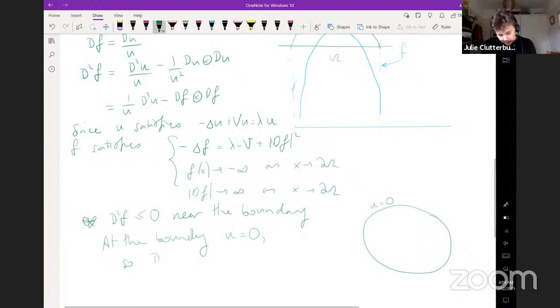And du is in the direction of the normal. Okay, so that's a long way of saying that the boundary is a level set at height 0.